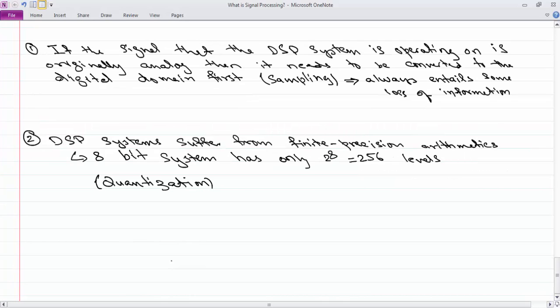And the third is that DSP systems tend to, although this is really going down, consume more power.